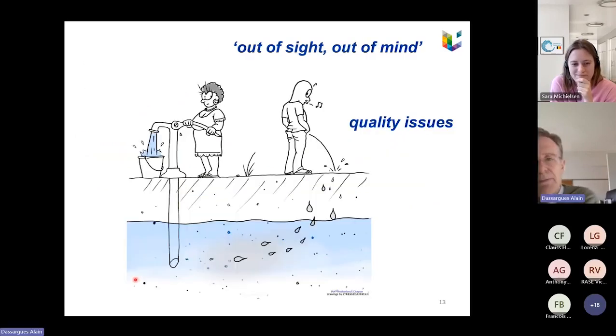Besides the quantity aspect, we can also have a quality aspect that is often forgotten, due to the fact that groundwater is not to be seen, so out of sight, out of mind, and we forget very often that contamination somewhere can contaminate an aquifer and be a problem elsewhere, a little bit further.